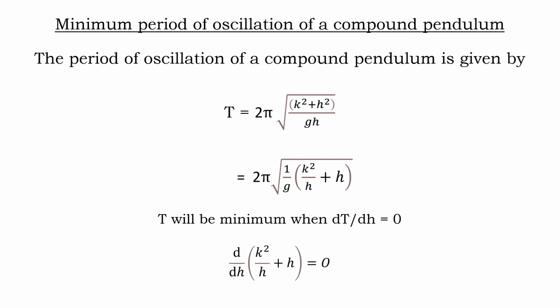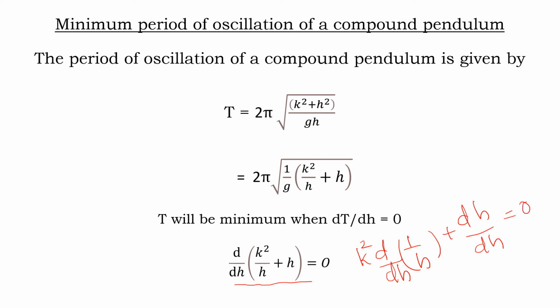That is, d by dh of k square by h plus h is equal to 0. This can be written as d by dh of k square into 1 by h plus dh by dh equal to 0, where d by dh of 1 by h is minus 1 by h square.